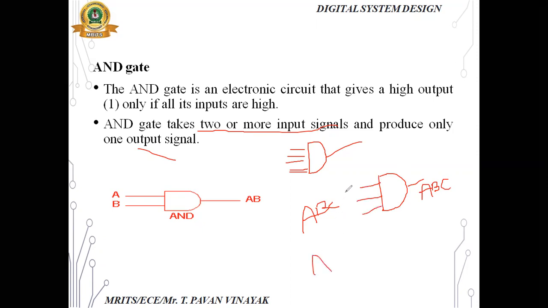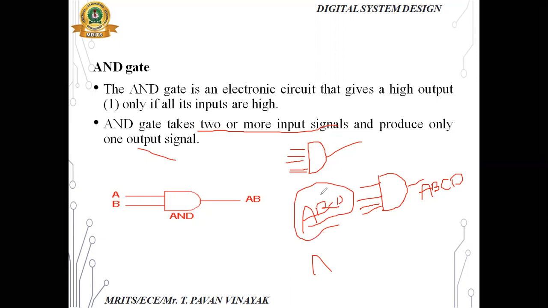I want A, B, C, D also. Now put one more input, so we get A, B, C, D. Like that we have to draw the AND gates based on this expression. This is an AND expression, right? A, B, C, D.